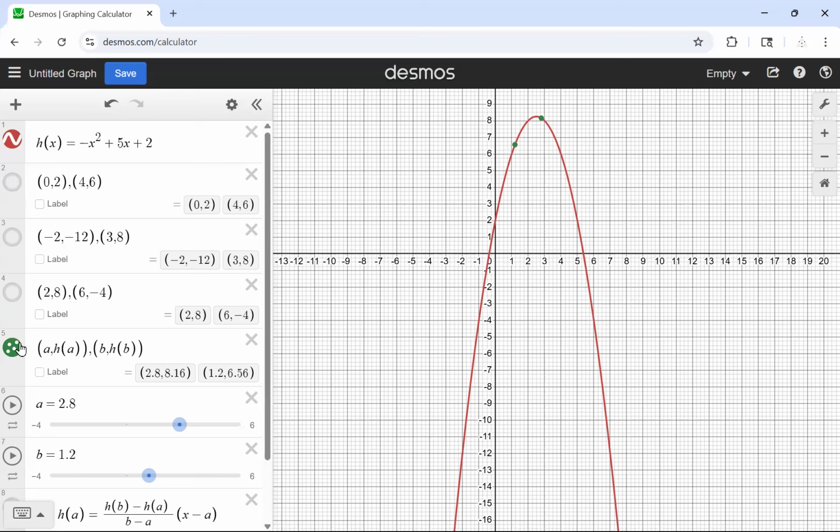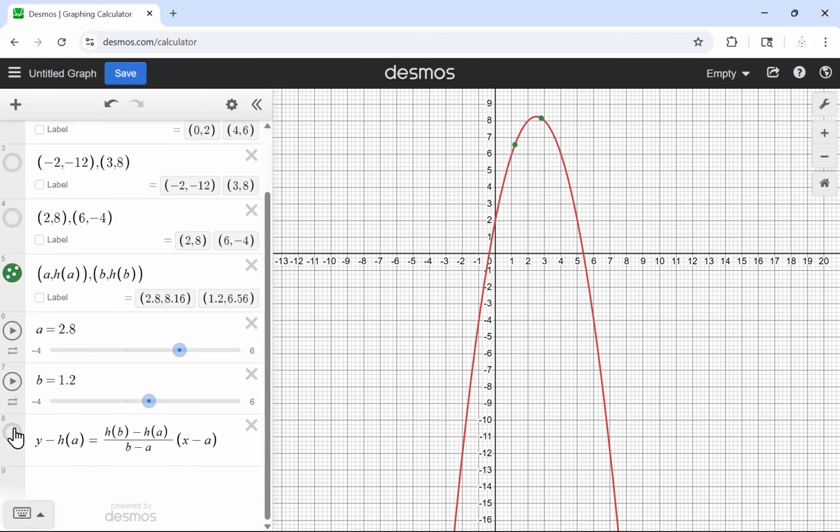And then you can do any 2 points you want and play around with that as you like. So move points over and figure out the average rate of change for any 2 points that we like. Obviously, if we're in an increasing section, then the slope is going to be positive.